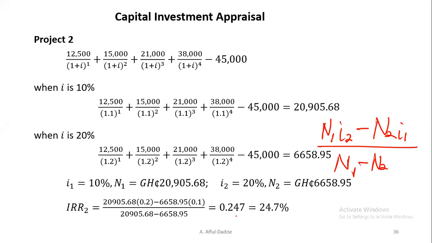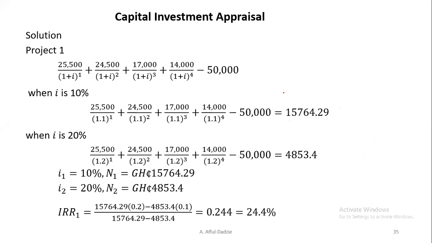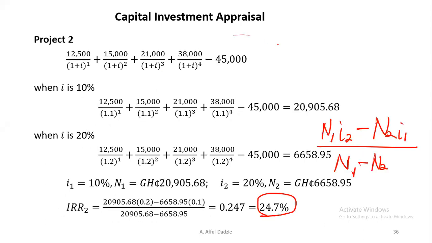Here we had 0.247, so this is 24.7%. The first one was 24.4% and the second one was 24.7%.